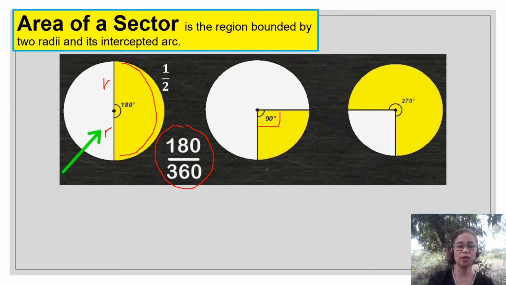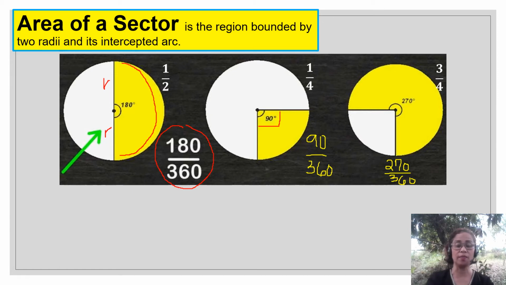Therefore, this can be described as 90 over 360 part of the whole area of the circle, or simply it is 1/4 of the whole area of the circle. The third one is 270 degrees over 360 degrees, or simply it is 3/4 of the whole area of the circle.